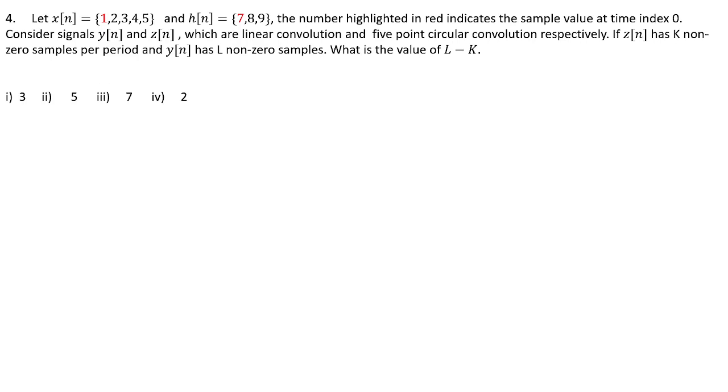First let us write the sequence xn here. xn is equal to 1 2 3 4 5, the arrow indicates the 0th indexed sample, and hn is equal to 7 8 9.